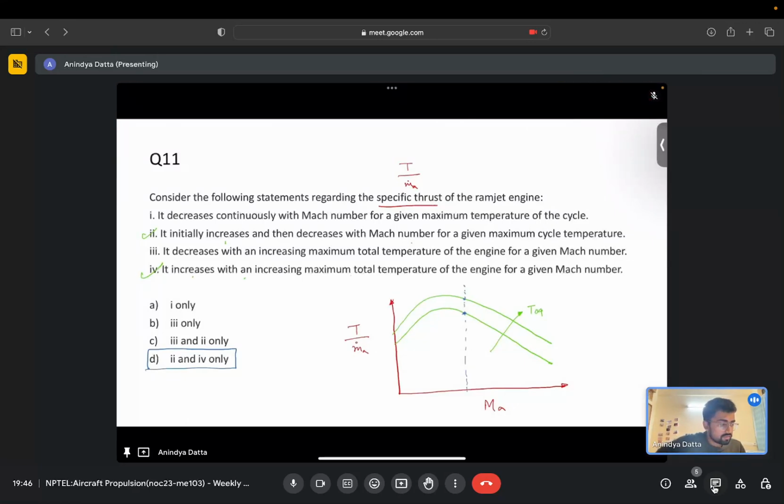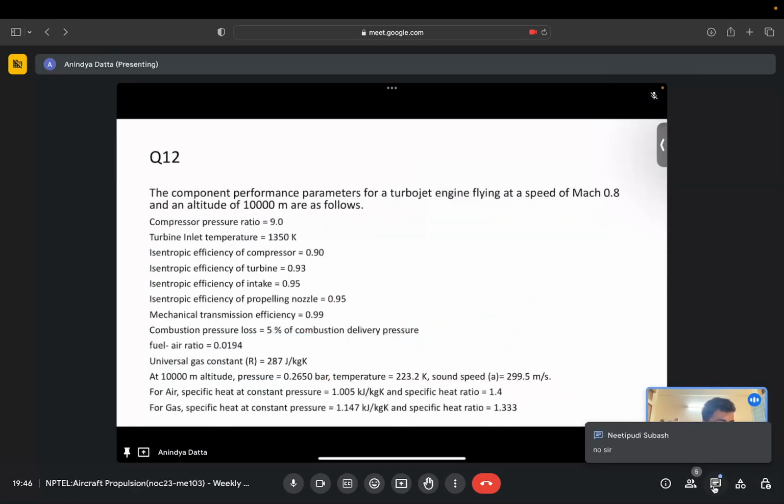This is similar to the last assignment question. You have a set of questions on turbojet engines, so I will try to solve this quickly because we are short of time. The individual parts, this kind of problem, we have done before, but now we are doing it for the first time for a turbojet engine, so things will be slightly different.